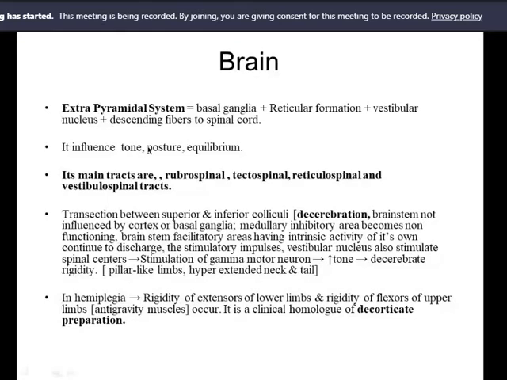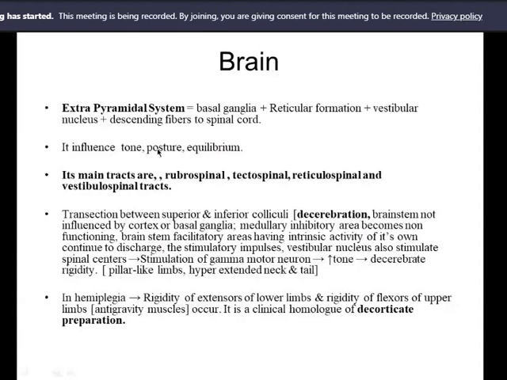And posture means the position of the body and body parts in air. And when the posture is stable, that is called equilibrium.